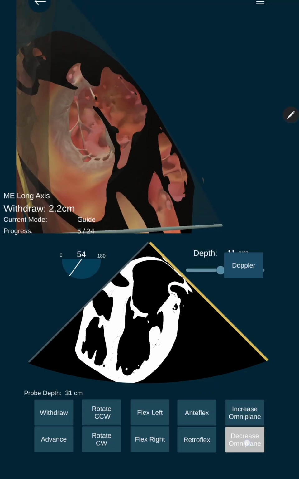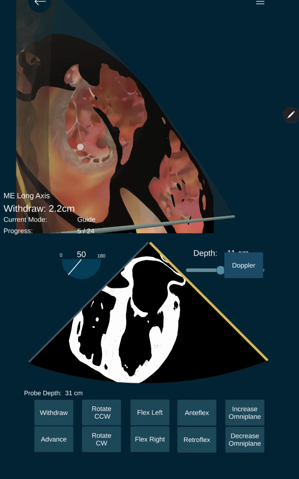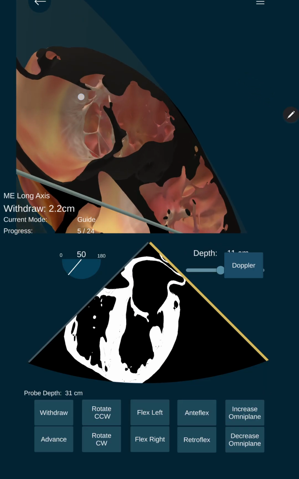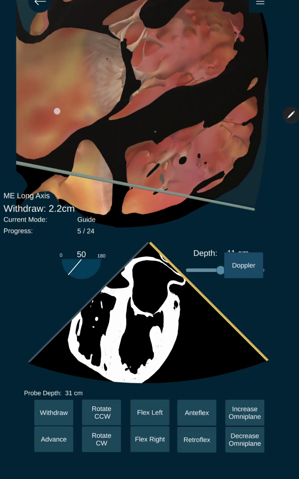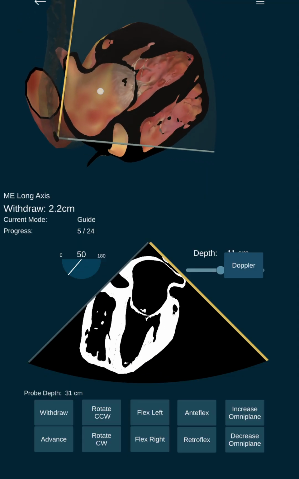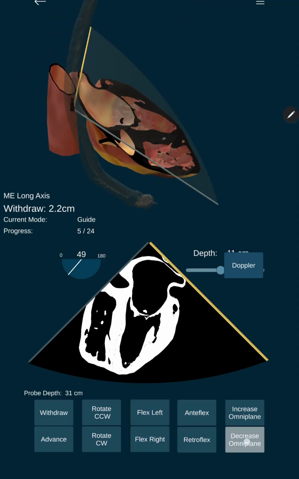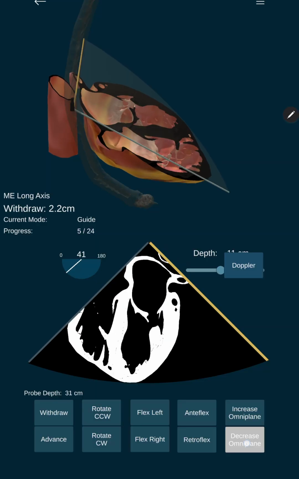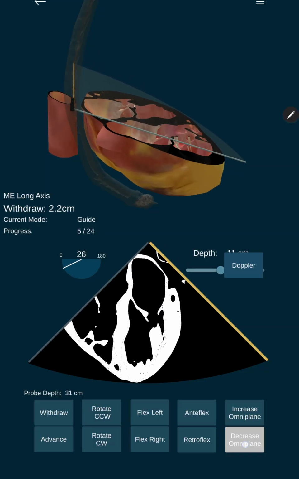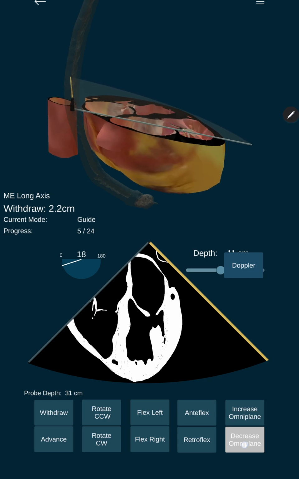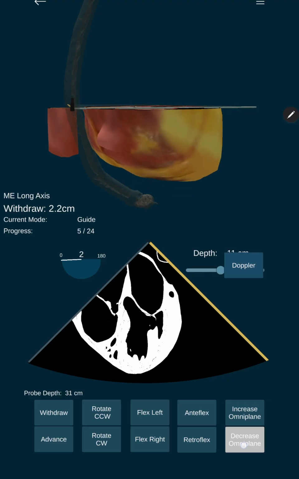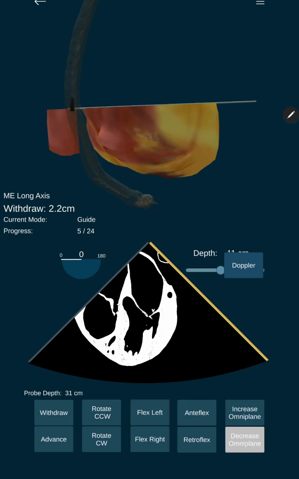Now, further decreasing the angle, we come to the 4-chamber view, from where we saw all the chambers. Let us zoom out, reducing the angle to get the proper 4-chamber view, where we can see the A2 and P2 segments of the mitral leaflet properly.